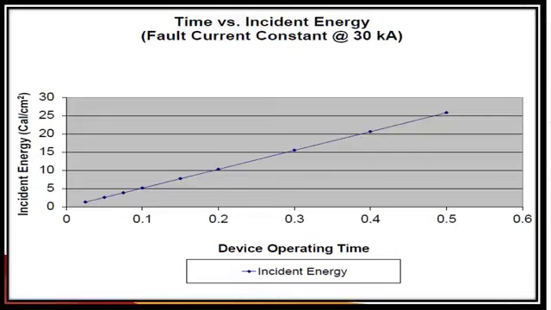So with this type of information, you will ask your consultant to review their design and to design the equipment in such a way that the incident energy is around 8 cals per centimeter square or less.